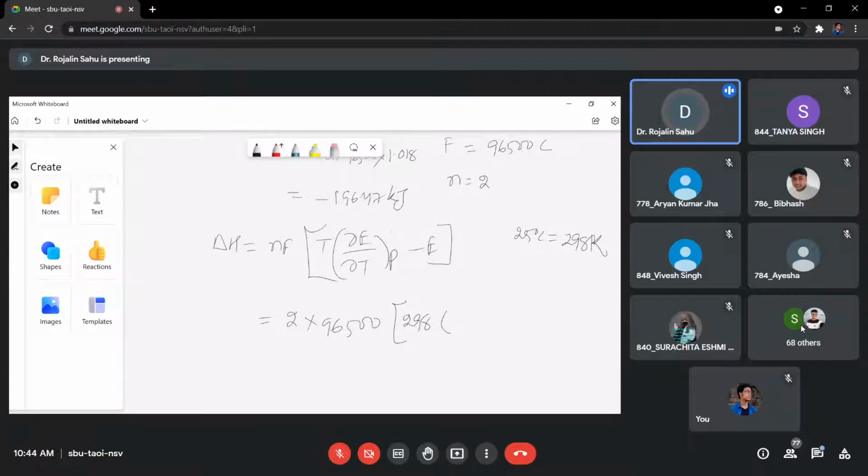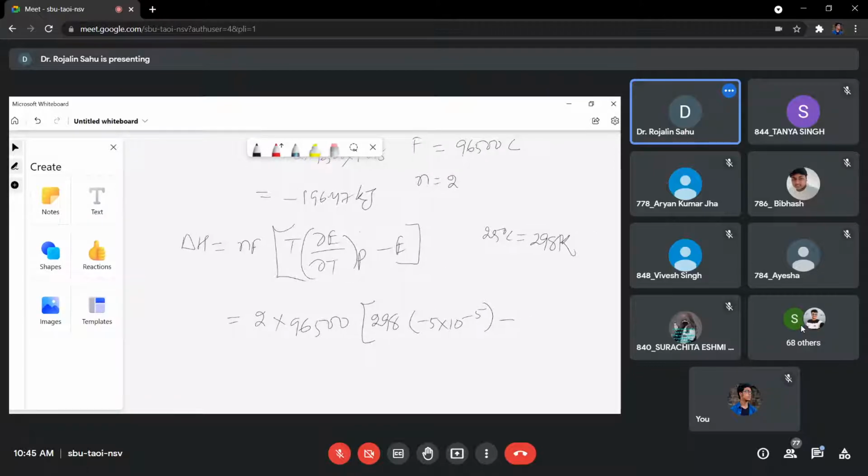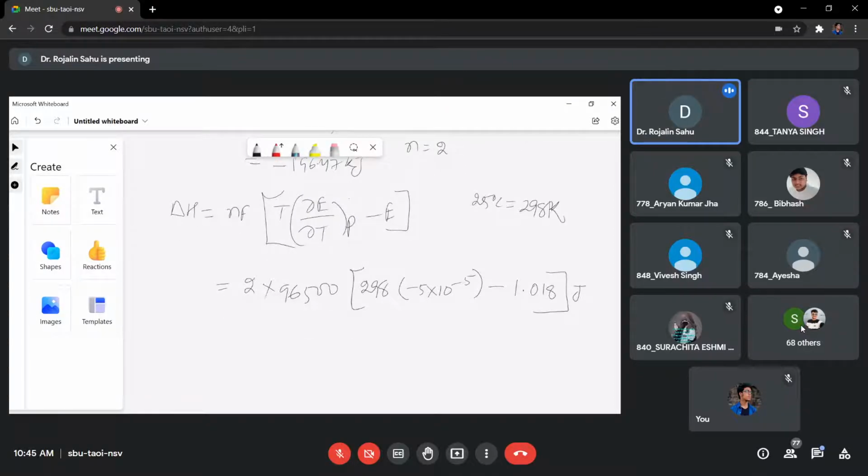It is minus 5 into 10 to the power minus 5, minus E, which is 1.018. This much joule. So now you just solve this.